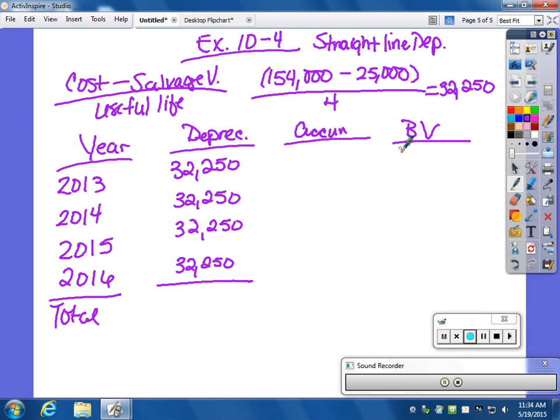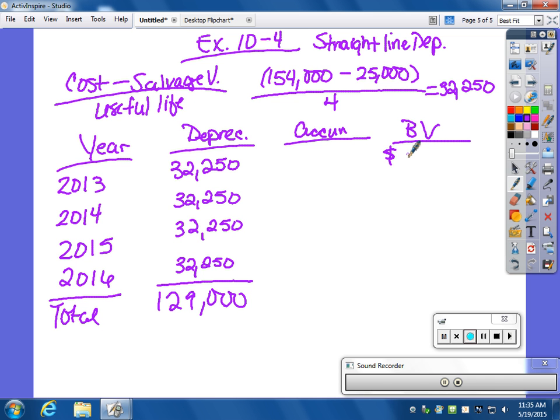Okay. So 129 would be our salvage amount. All right, so ultimately we need to get back down to here, right? What's going to be the first year's book value? 121,750. And tell everybody how you got that.